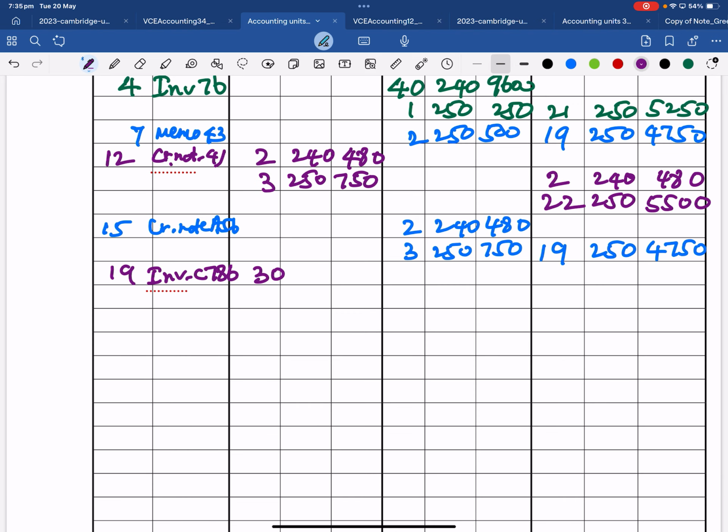In, 30 times 260, which is 7800. So what's the balance, guys? 19 at 250 as it is, 4750. 30 at 260, 7800.